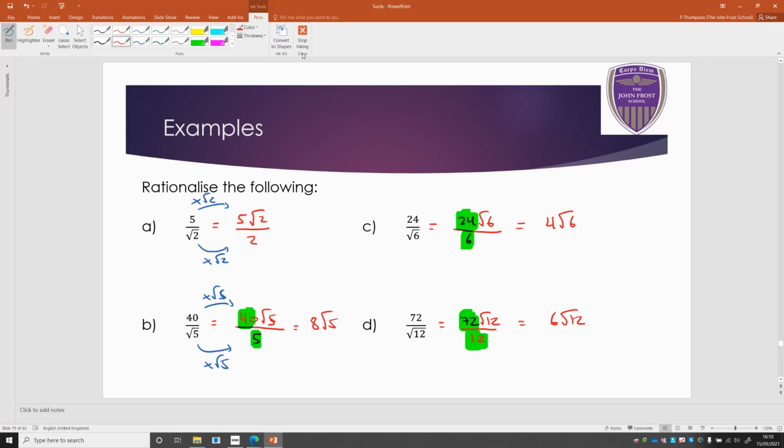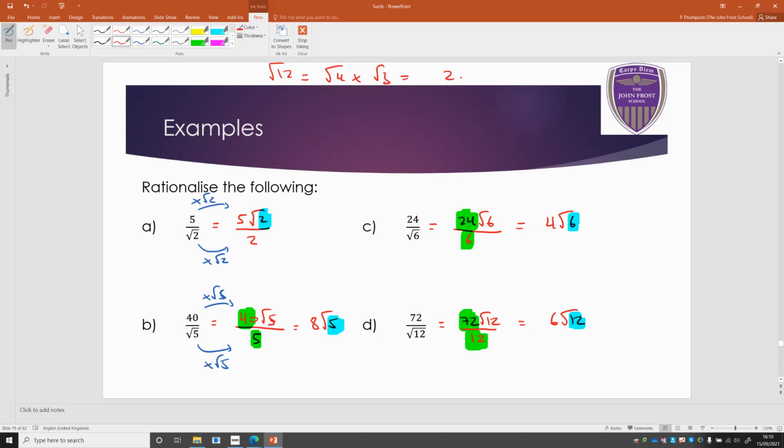Now notice in the previous examples, root 2, dead. Root 5, dead. Root 6, dead. Root 12 is alive. Remember, root 12 can be simplified down because 12's got a square number in it. Remember, 12 is 4 times 3.